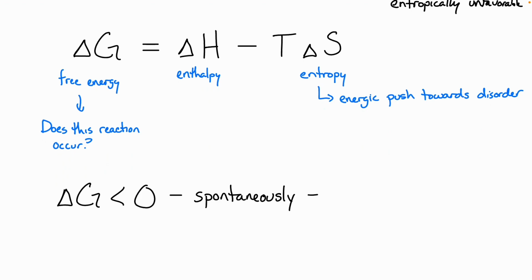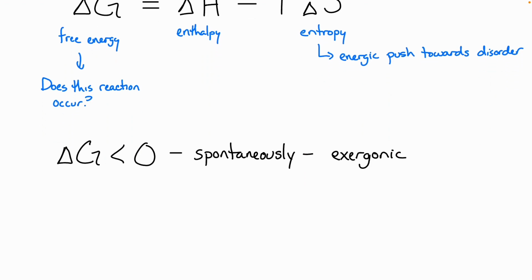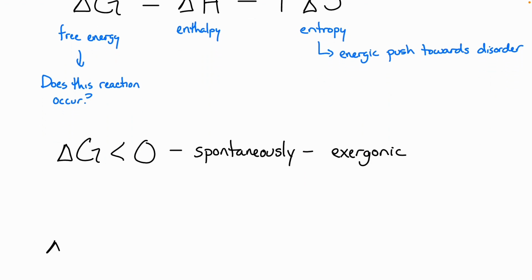Okay, we have a fancy word, kind of like exothermic, for delta G's that are negative. We call these exergonic reactions. If you have a delta G that's positive, a delta G that's greater than 0, we call that a non-spontaneous reaction.